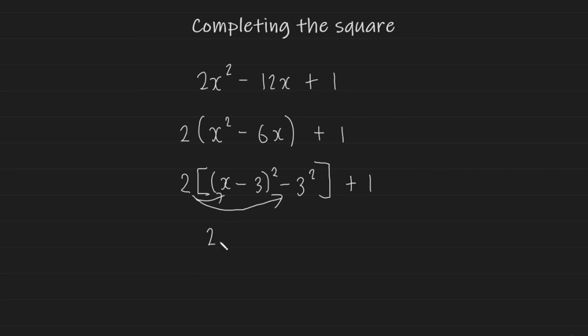So now this gives us 2 times (x minus 3) squared, and this 3 squared is a 9, so it ends up becoming an 18 plus 1. We then simplify the right-hand side to finally give us 2 times (x minus 3) squared minus 17. And there you have it. That's how you complete the square when the x squared has a coefficient greater than 1.